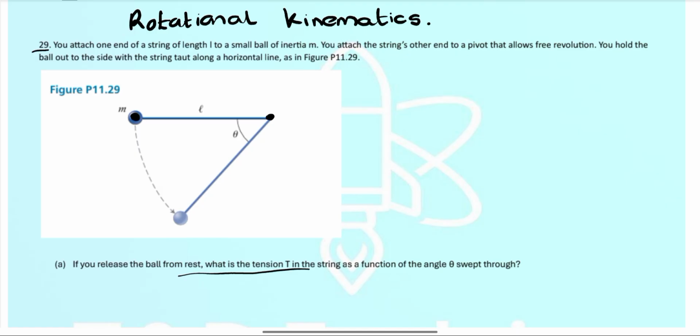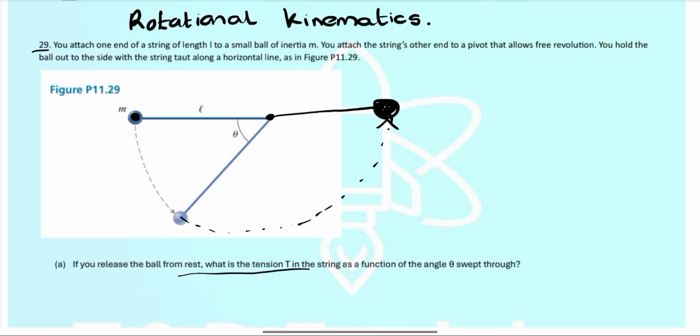The ball is going to be rotating all the way, it comes down and up to the other end, and then it goes back. So this is how the ball is going to be rotating about the pivot.